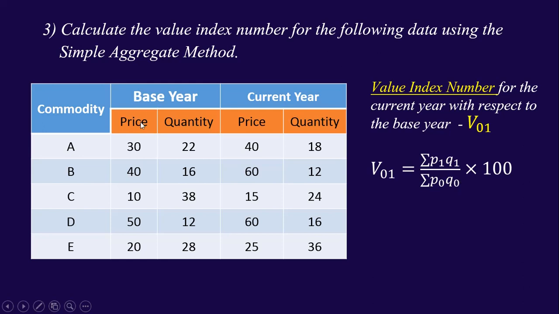So here is the column for P0, the column for Q0, the column for P1, the column for Q1. So in the same table we add two more columns, one for P0 Q0 and second for P1 Q1, and their total we add in one row below this table. So we prepare the following table.